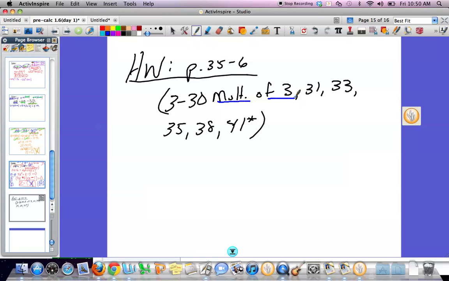Challenge, a way for some of you to gain some homework points that maybe you've missed along the way. So 41, I'll call that one extra credit. I will give you a hint. You're going to need to square something twice at 2 different points in the problem.